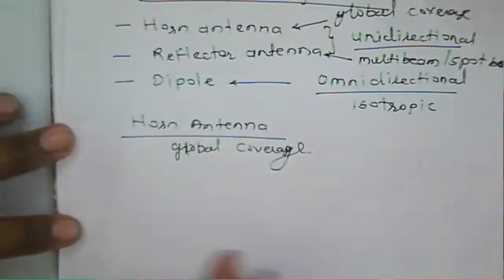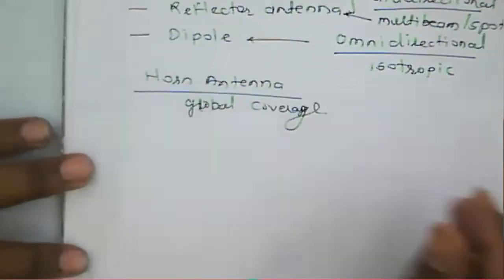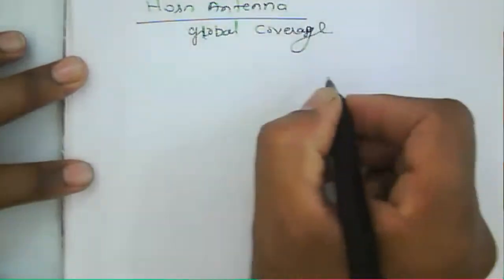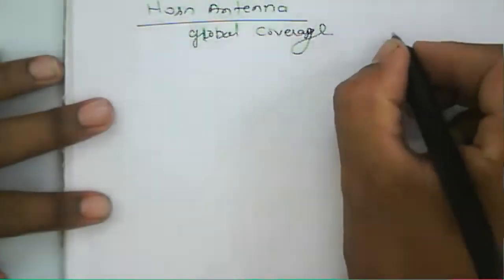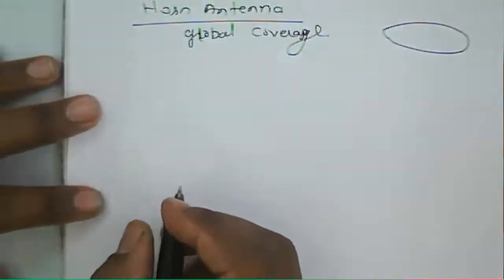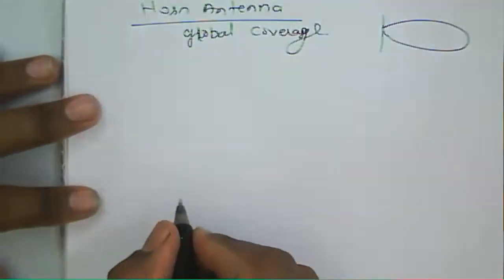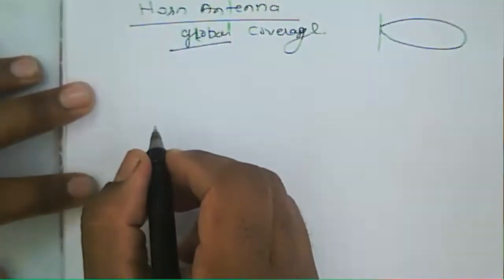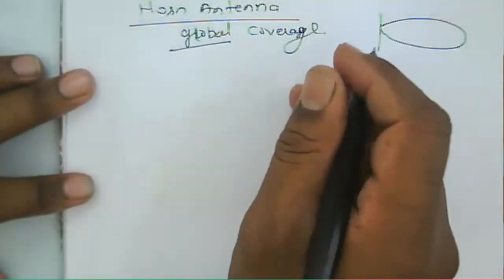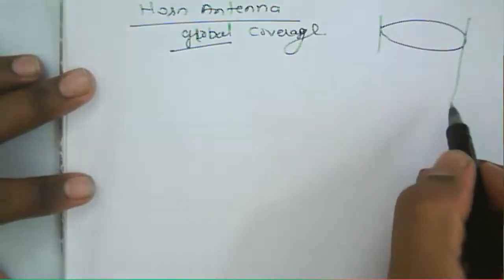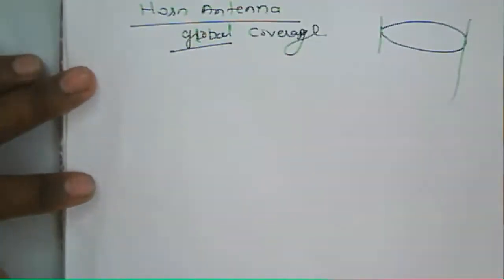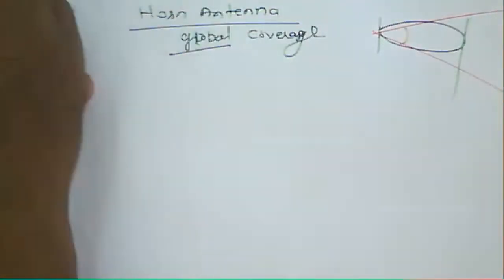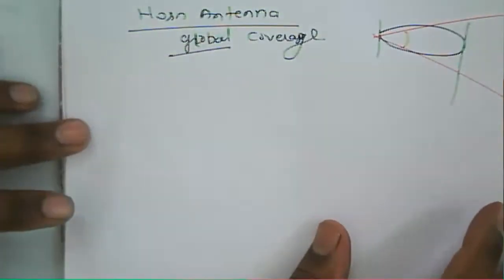Now if you consider global coverage and the radiation pattern of the antenna, we say it is a unidirectional one. So the radiation pattern will be unidirectional for the horn antenna. And here by global coverage we mean that only a single beam is generated, and based on the beam width, there may be area coverage by the given antenna.